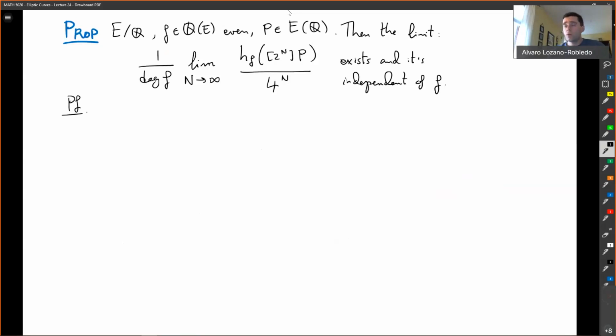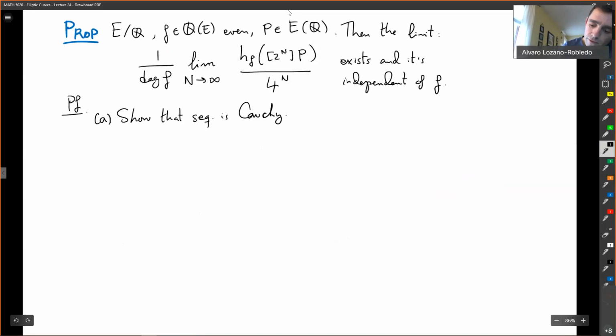So we're going to first show that the sequence is Cauchy to prove that there is a limit.